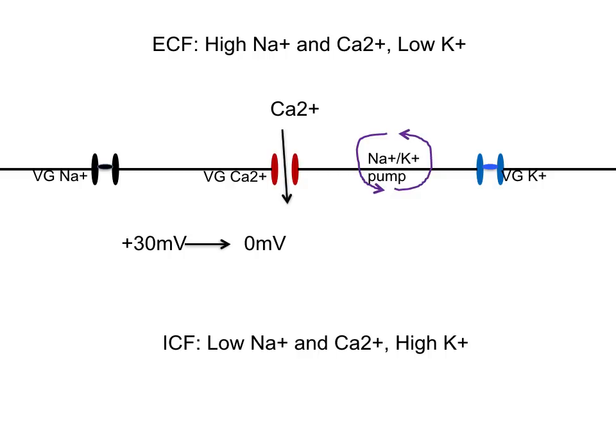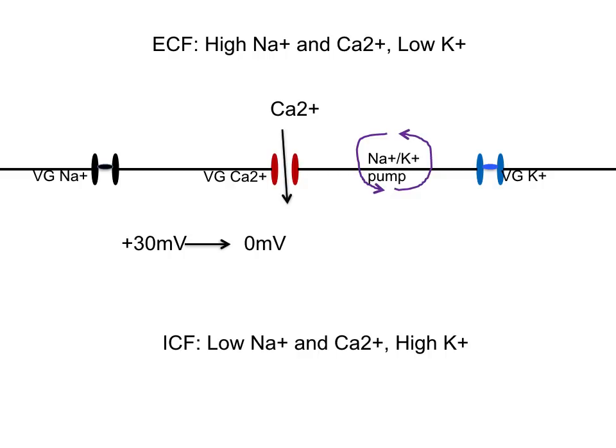So you're going to repolarize a little bit. You're going to go from positive 30 millivolts. Your voltage is going to decline, and then it's going to get to 0 millivolts. And you're actually going to hold the membrane potential at 0 millivolts for about 200 to 250 milliseconds. That is a huge period of time to be depolarized.